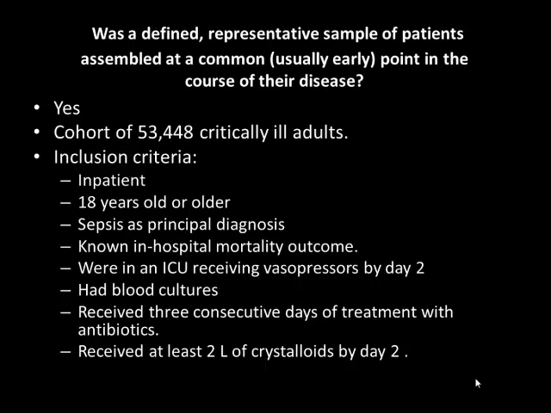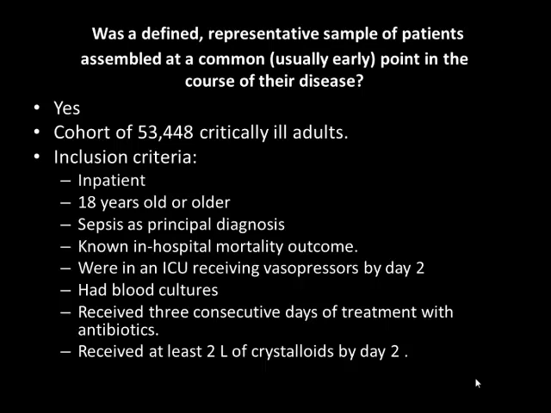Are the results valid? So the next question is, was a defined representative sample of patients assembled at a common point in the course of their disease? And the answer is yes. So this cohort study sample size was 53,448 critically ill adults.